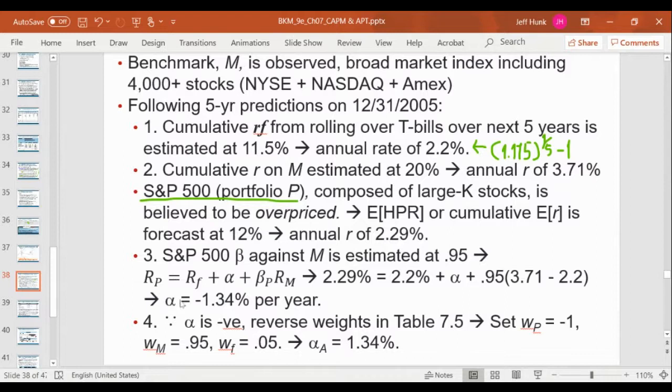So the return on our portfolio, the S&P 500, will be, of course, RF plus the risk premium, right?